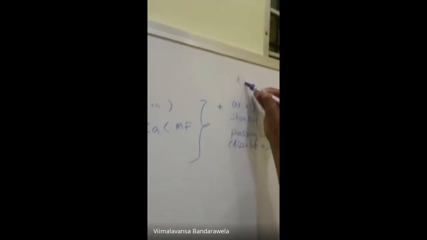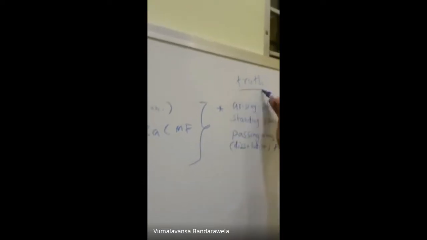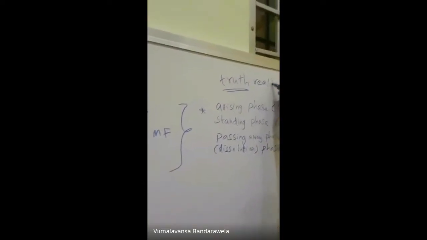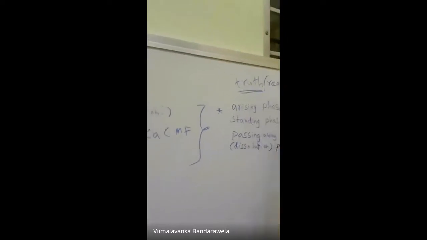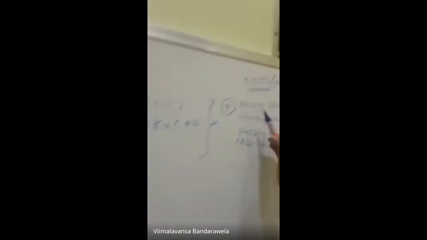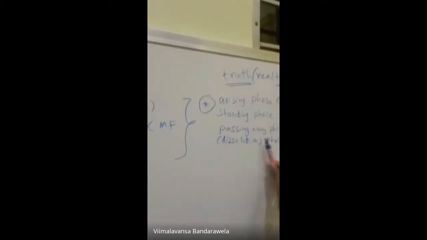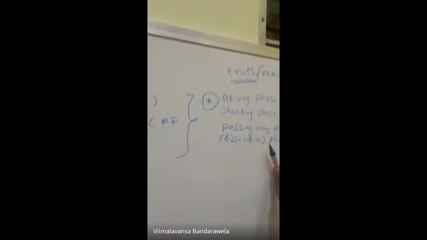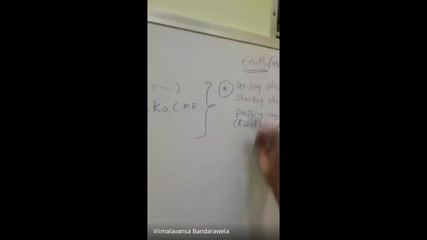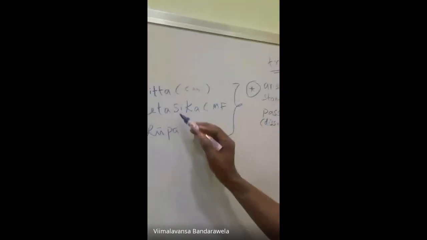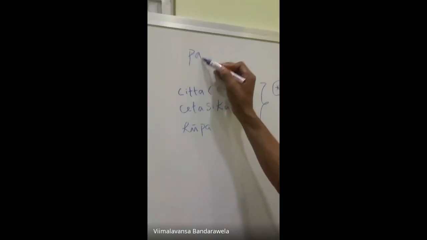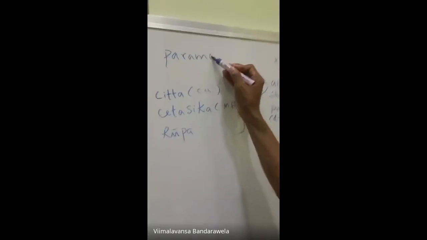This is the one truth, or the reality, right? One reality, one truth has arising, standing and passing away phase, or perishing phase, right? Uppada, thiti, bhanga. And then these chitta, chetasika and rupa are the paramattha satya, no?